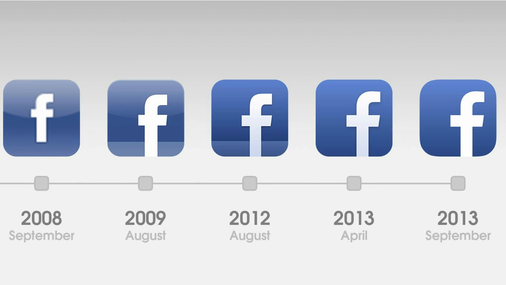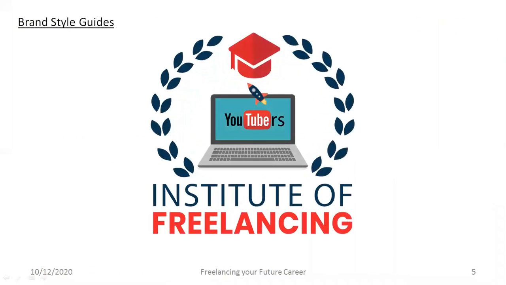So to give you a crystal clear idea, I have come up with my own institute, the Institute of Freelancing logo. To give you an idea of exactly what the color scheme is, what the fonts are, and what the colors are which we are using, you have to create a rule book or guideline for all the designers, whether they are working with us right now or somewhere outside in any other third-party organization.